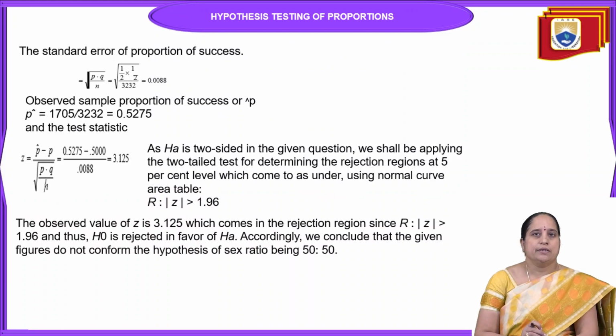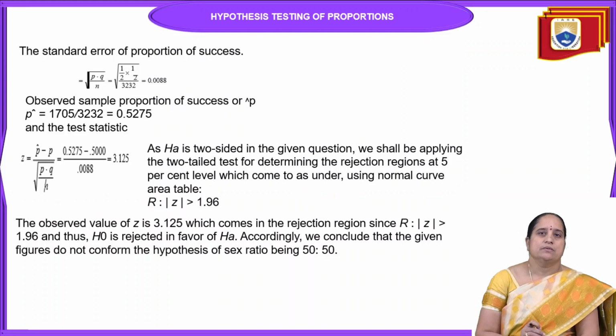The standard error of proportion of success can be computed by using the formula root of p into q by n. So the standard error is 0.0088. The observed sample proportion of success is equal to 1,705 divided by total number of births, which is equal to 0.5275.